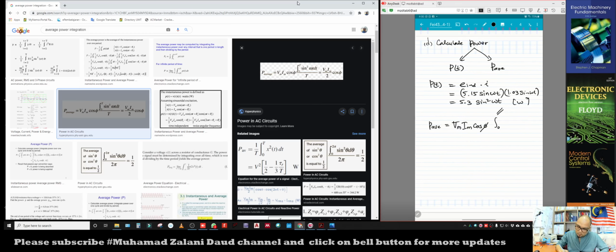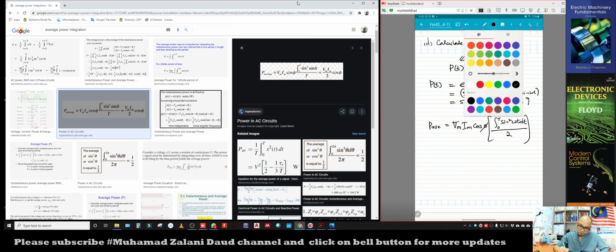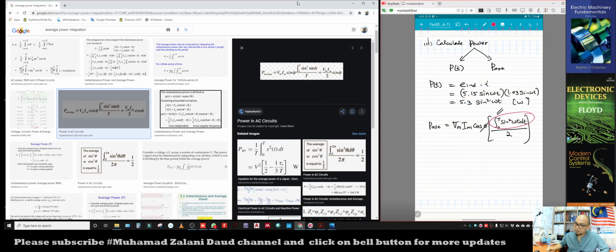and then the integration of sine square omega t dt divided by 2. Okay, so in this particular example, we know that this particular part is half.